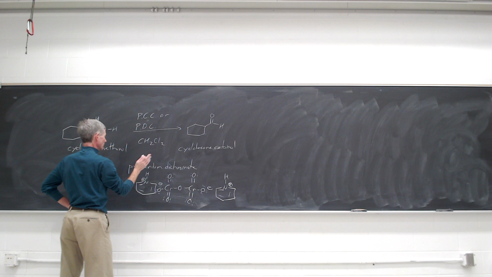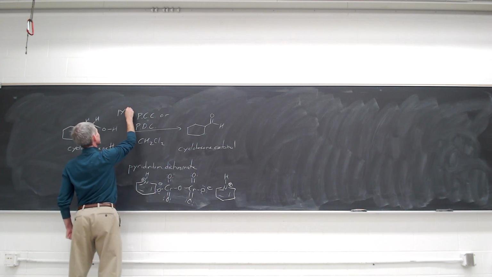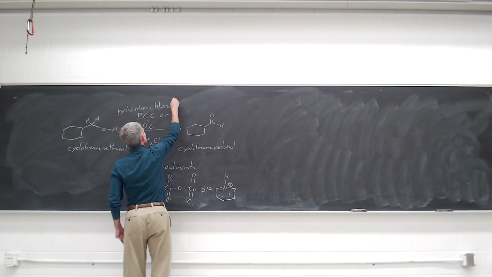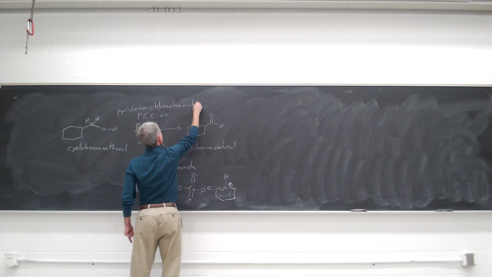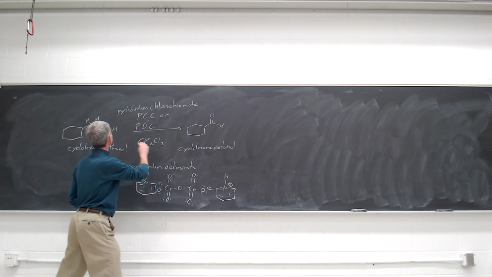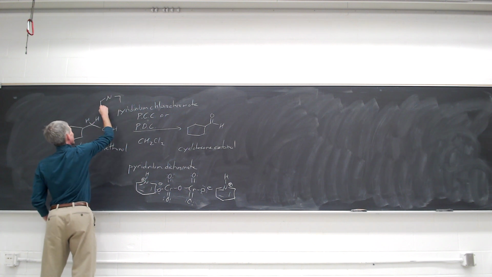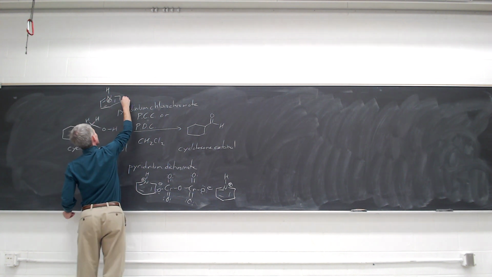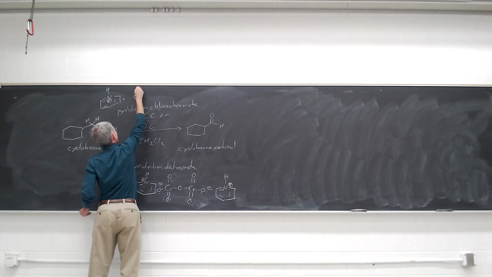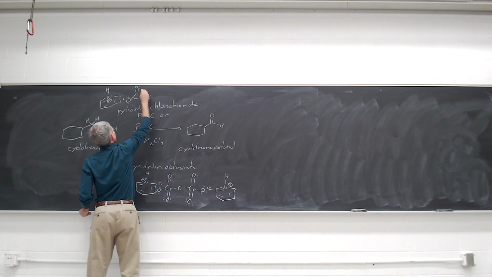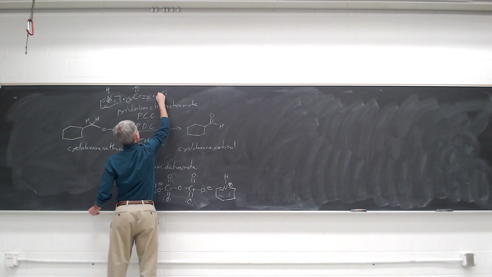And PCC stands for pyridinium chlorochromate. Pyridinium chlorochromate is a complex of the pyridinium ion, same pyridinium ion that we used in PDC, with chromic anhydride or chromium trioxide, and the chloride ion.